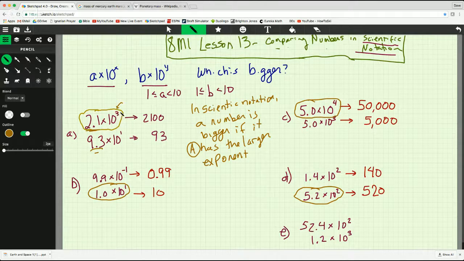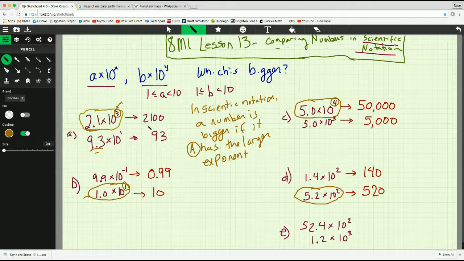Here, on A, the first one has the larger exponent of 3, and that makes this number the bigger number. In case B, 1 is larger than -1, so the second number is the larger number. In case C, the first number has the larger exponent, and so that is our bigger number.